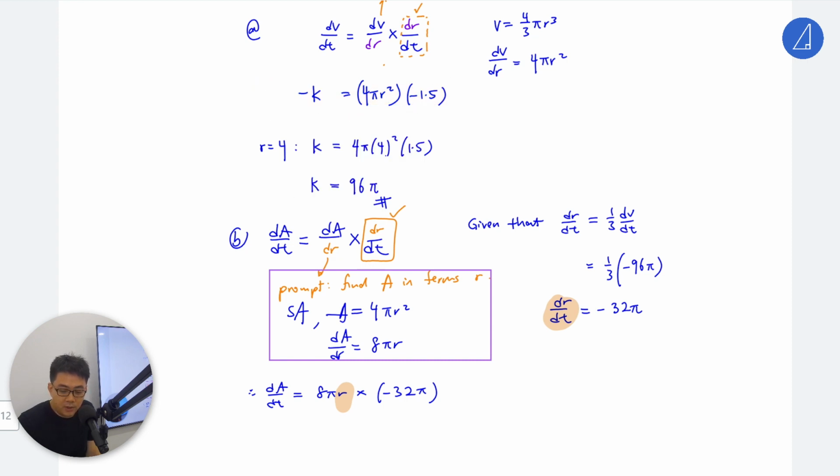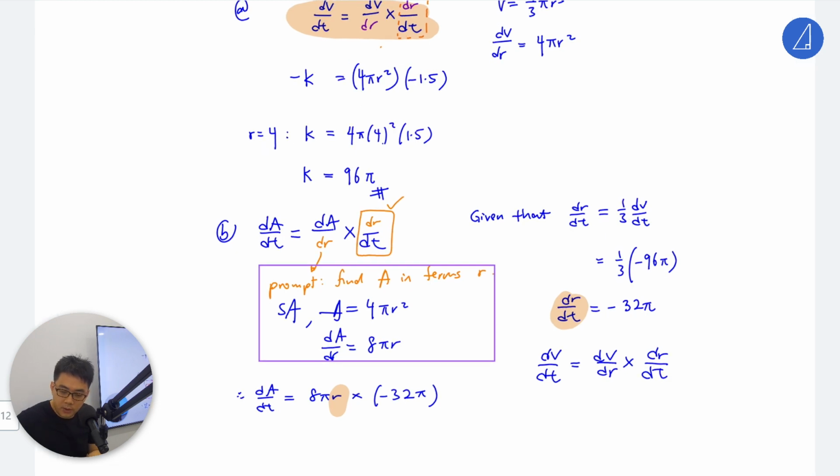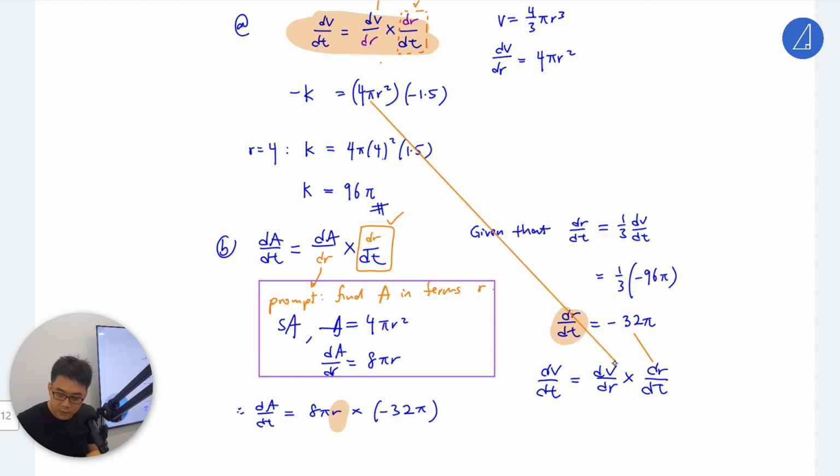So this one, be careful. Follow me very carefully. You know that dV/dt is equal to dV/dr times dr/dt. So you put this one inside here. This is a new boundary condition. Then this dV/dr is as per usual.